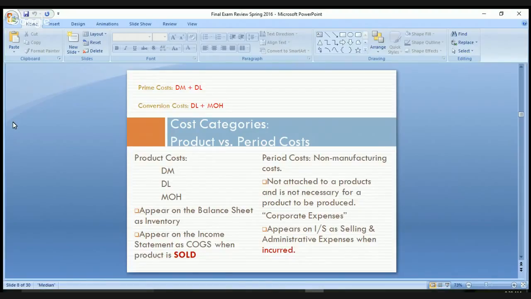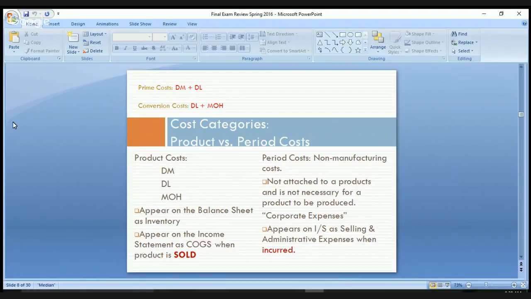Now, anything that's not involved in the product is period cost. I told the other class, remember, pretty much if it's dealing with the building that the product is being made in, that's going to be manufacturing cost or product cost. But if it's dealing with the selling of the product, whether it's an office or administration building or headquarters, that's going to be period cost, because those are involved in the selling of the product.